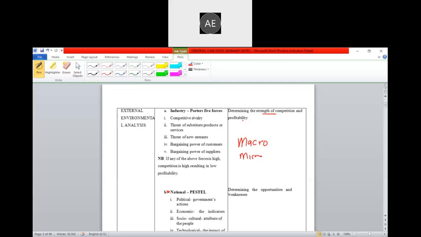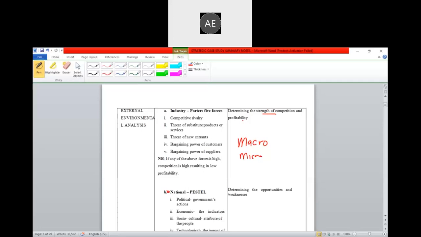So when you're asked to undertake competition analysis or analyze the profitability of the organization, then it is obvious you need to use the Porter's five forces, because the Porter's five forces is the model that is used to analyze the industry to determine the competition and the profitability there.